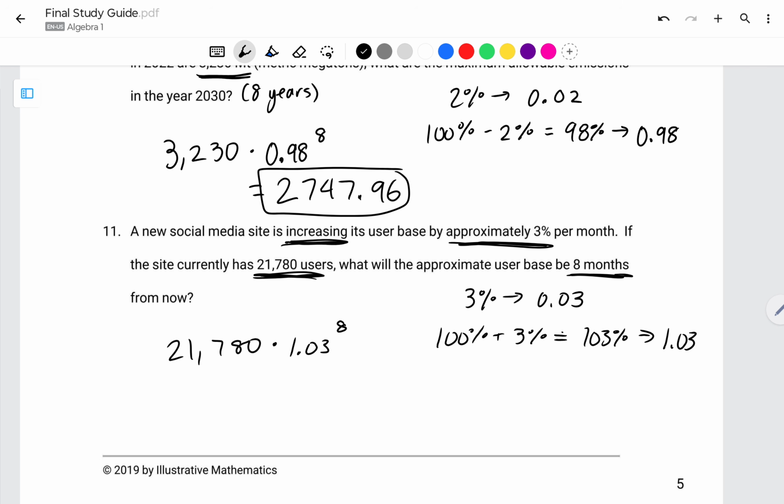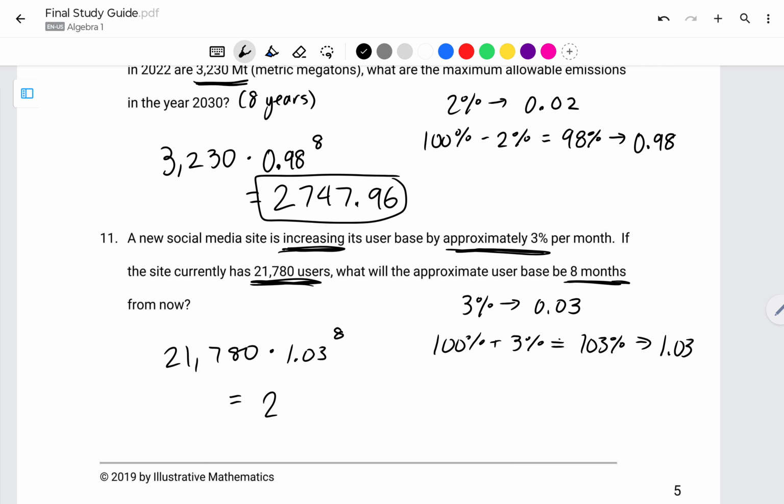So how many TikTok users, or subscribers, would we have? That would be times 1.03 to the power of 8. So by 8 months, you would have 27,000.